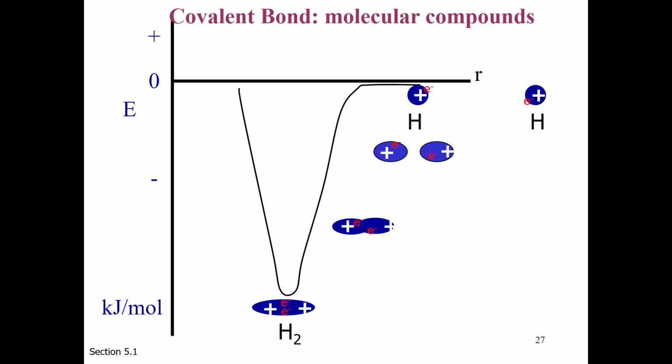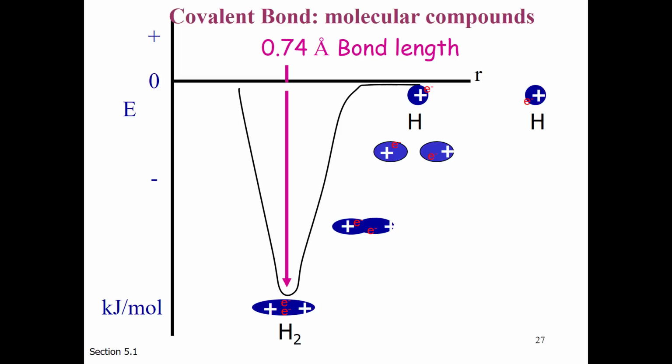Now at some point, we're going to get the nuclei too close, and then the two positive charges are going to repel. So there is sort of a minimum energy when two atoms meet up, and a perfect distance.